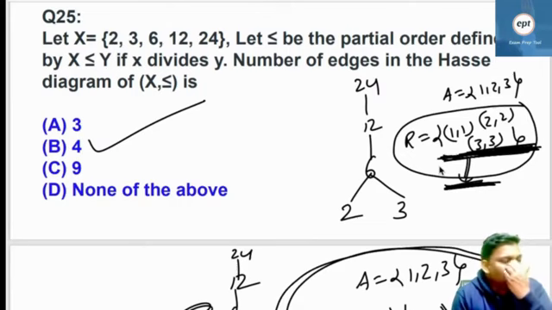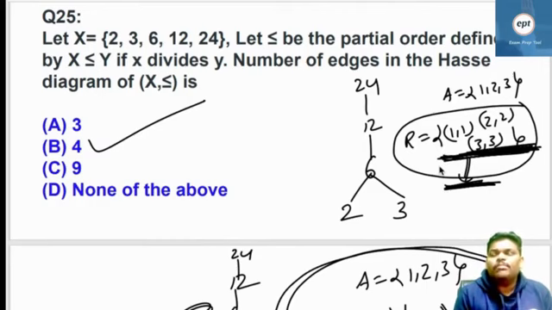The empty set is irreflexive. Yes, because no (x,x) pair is there. No (x,x) pair means irreflexive. All (x,x) pairs should be there for reflexive. If only all (x,x) pairs are there, it is symmetric, reflexive and transitive.